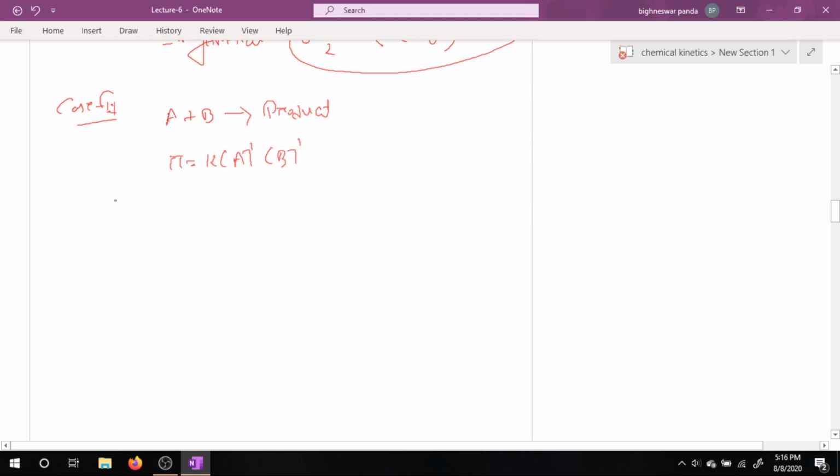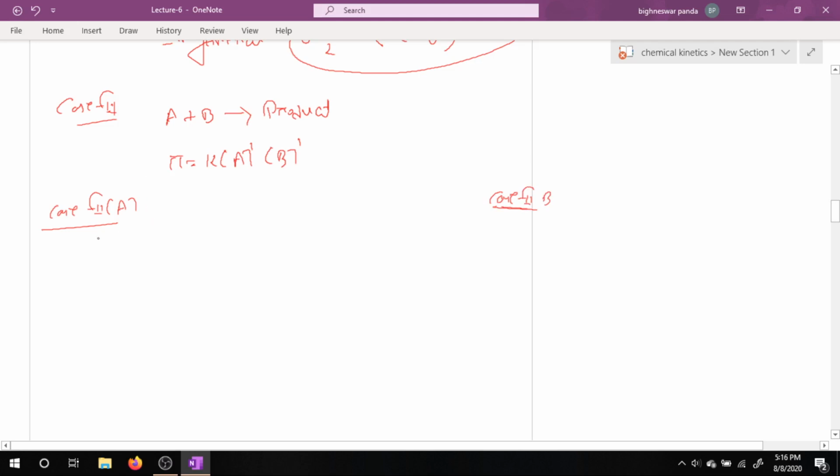For this case 2, we have further subcases, case 2a and case 2b. First we are going to solve case 2a.